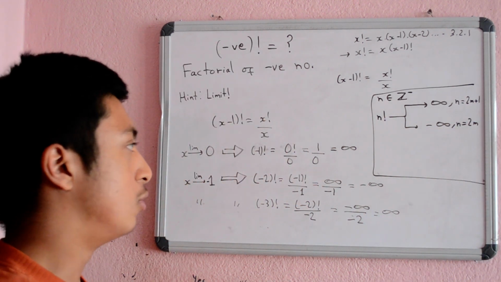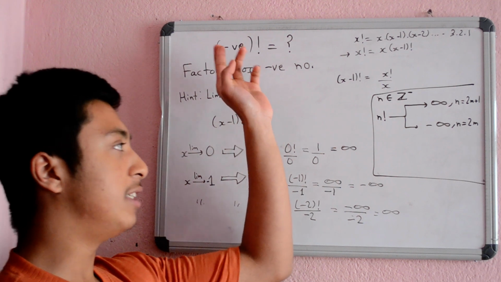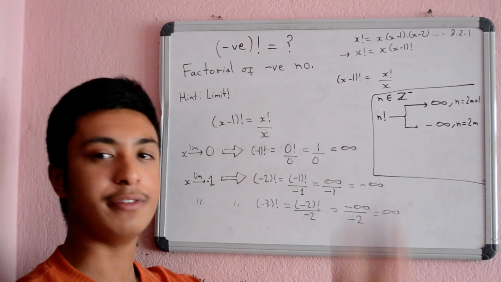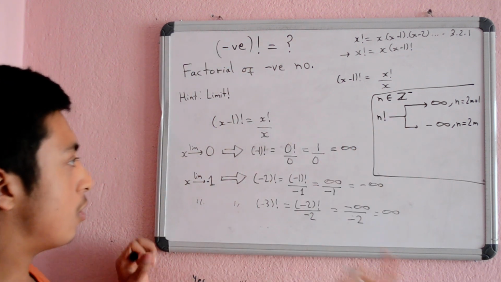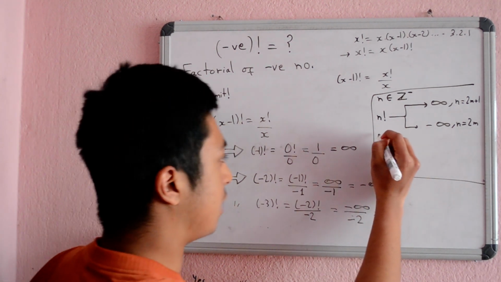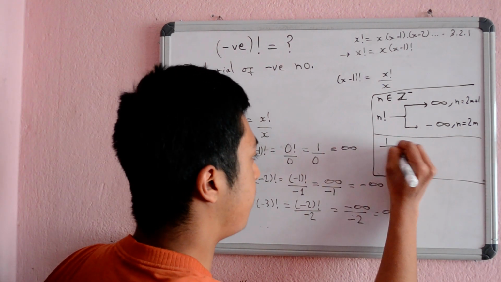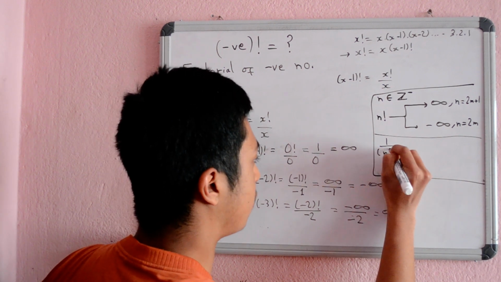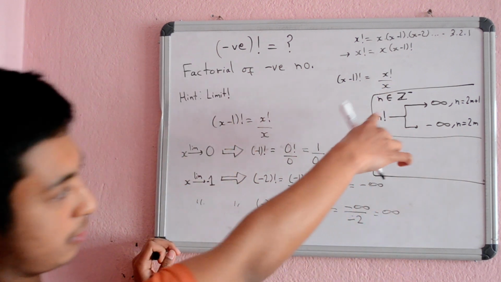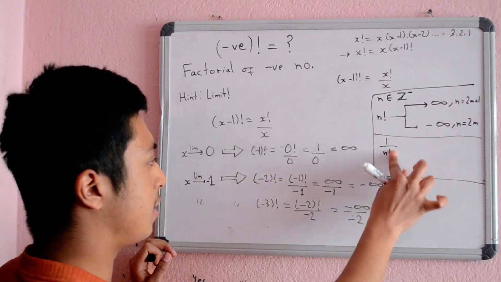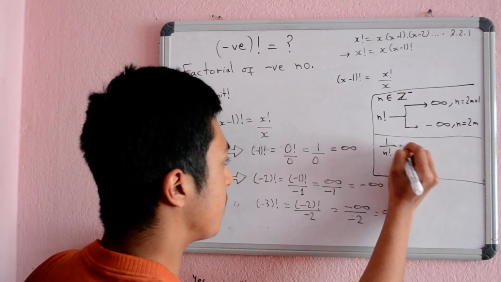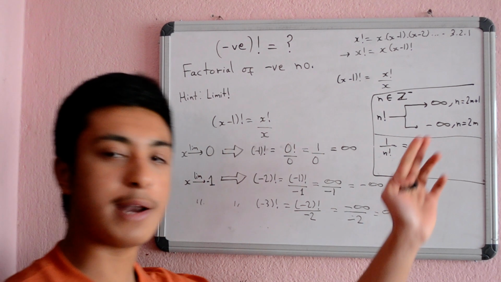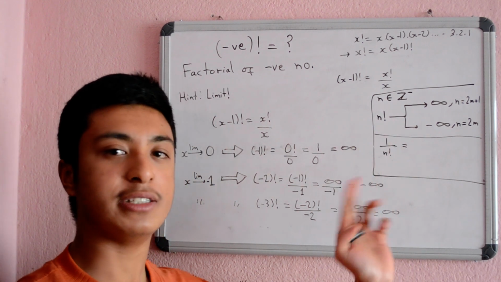So there we go. The factorial of a negative number is in fact infinity or negative infinity. And another thing, quickly I'll just write it here: 1 by n factorial. Using just this information, you can either have 1 by infinity or 1 by minus infinity.